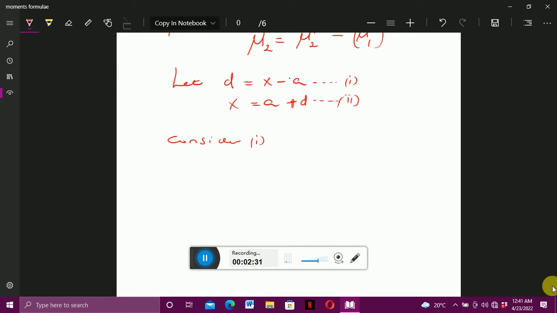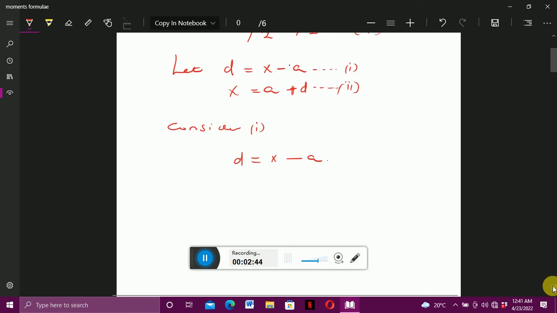We have seen that d is x minus a. So what we do first is that we introduce the summation sign.